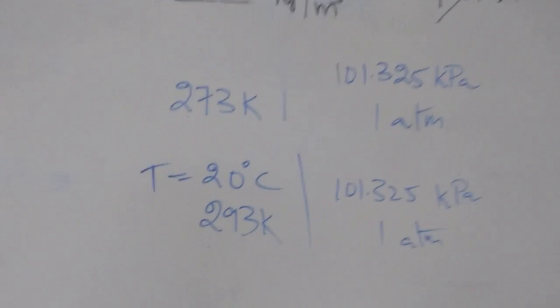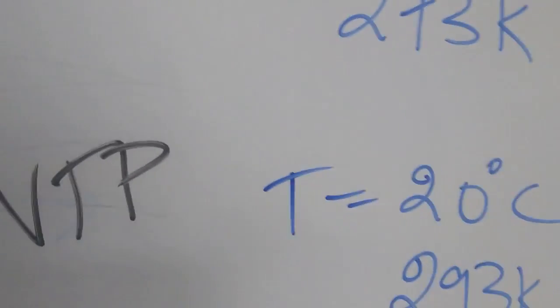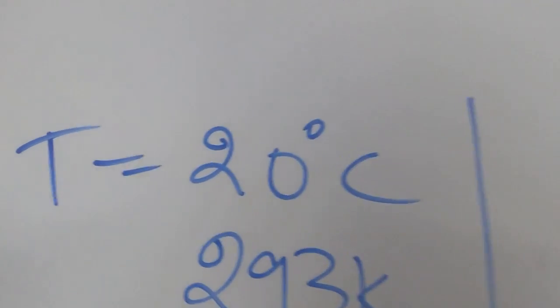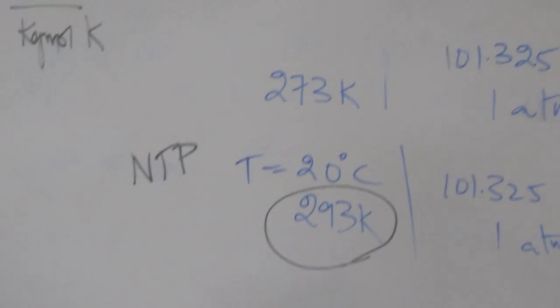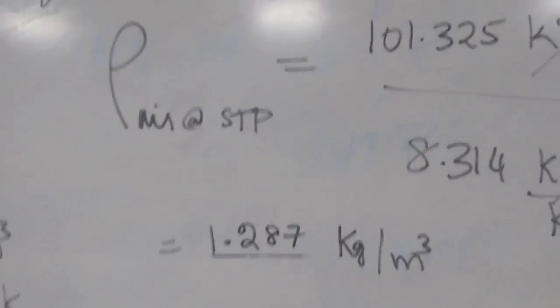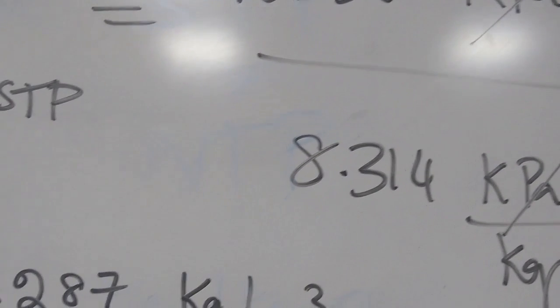So what is the NTP condition next? Next one is NTP conditions. NTP conditions, only parameter that is changed is temperature, 293 Kelvin. So density at NTP can be determined similarly.